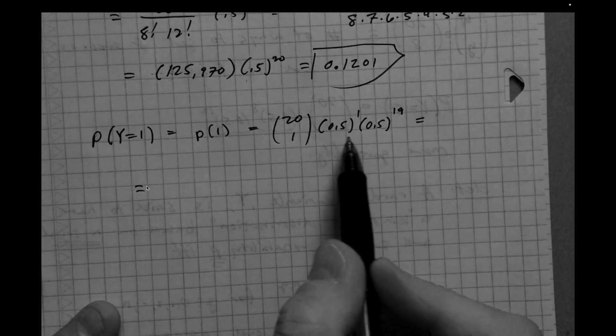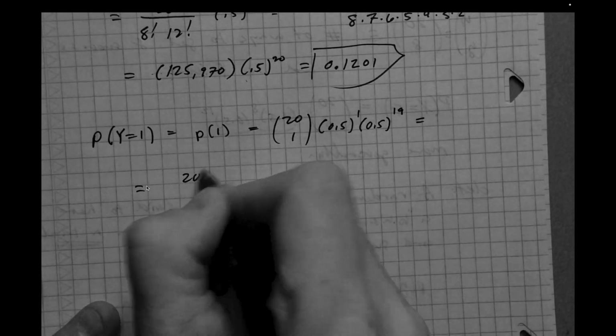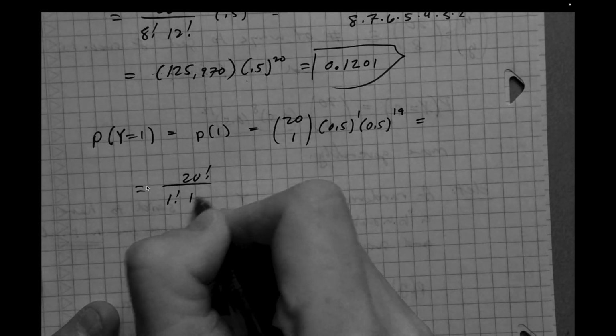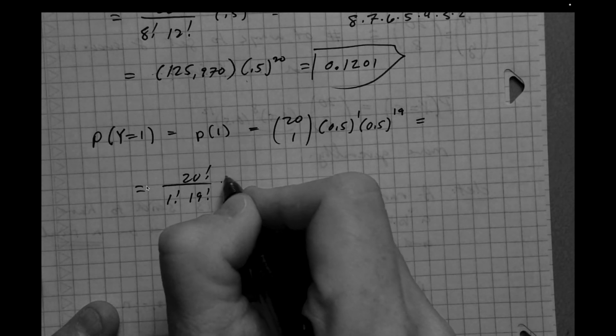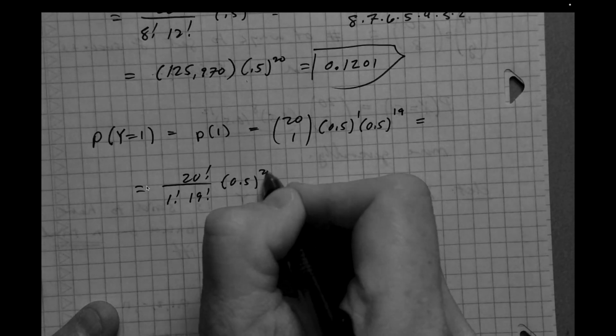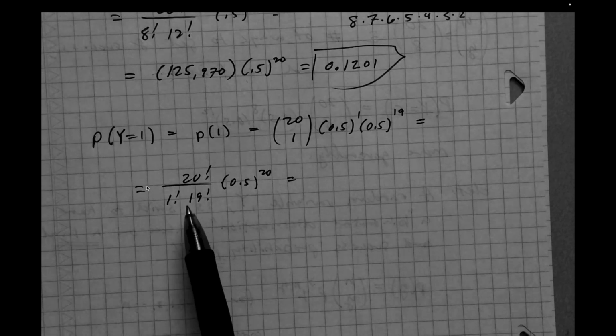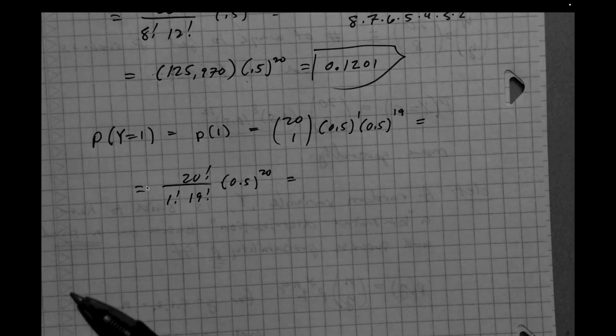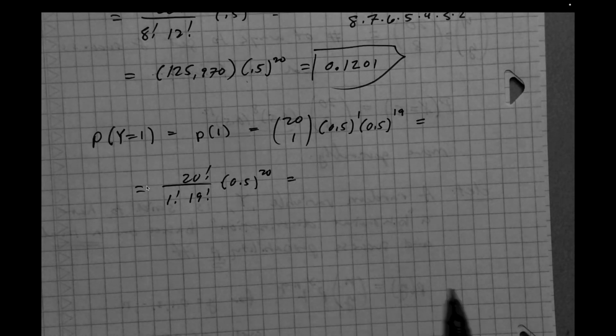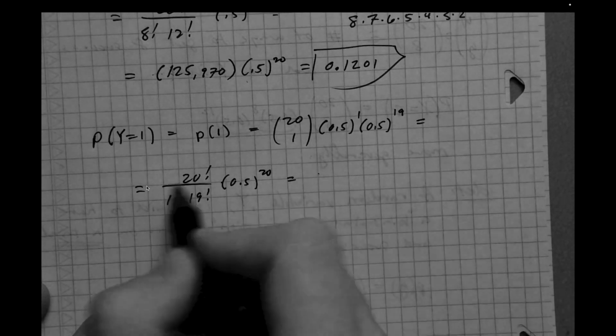So 20 factorial over 1 factorial times 19 factorial, times 0.5 to the 20th power again. How many different ways are there to get 1 heads? Well, there's 20, right? The head can be in the first position, the second position, up to the 20th position. So there are 20 different ways. So this all just equals 20.